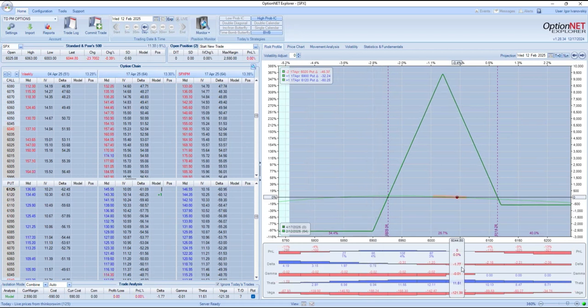We start off with very slight negative delta, which means that if today's gap down and then potential rally is a fluke and tomorrow we get more downside, well, this negative delta is going to help us a little bit. What isn't going to help us is the negative Vega, because if we gap down and trade lower tomorrow, volatility will probably rise, and whatever gain we're going to get from negative delta and positive theta will be erased by an increase in implied volatility.